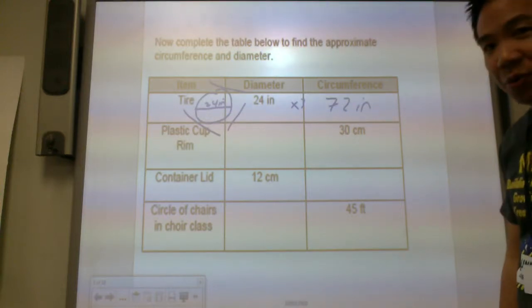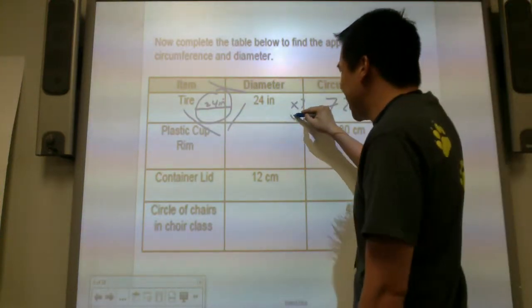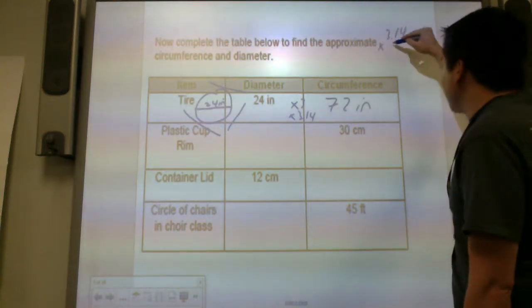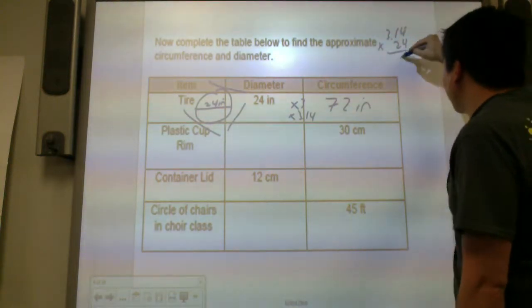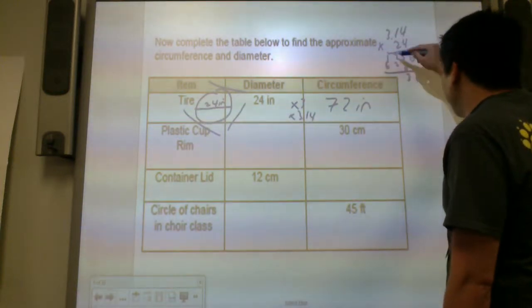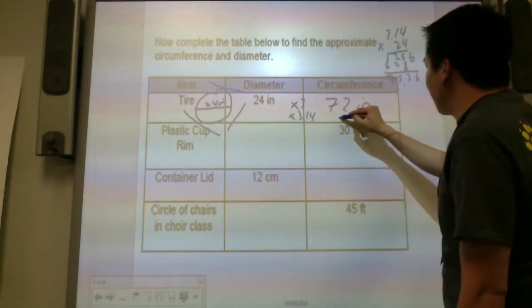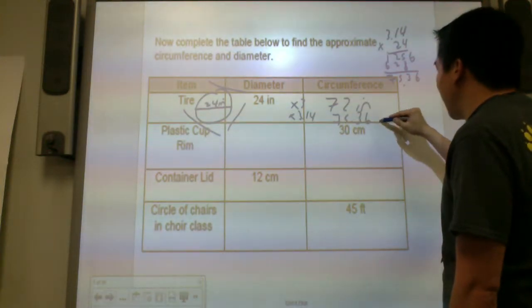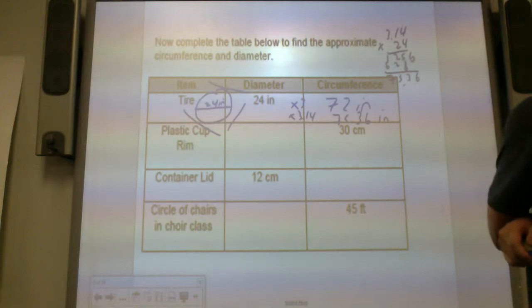So we could use that one. Or if we want to be more specific and use 3.14, 3.14 times 24 is 75 and 36 hundredths inches. Did I do that correctly?